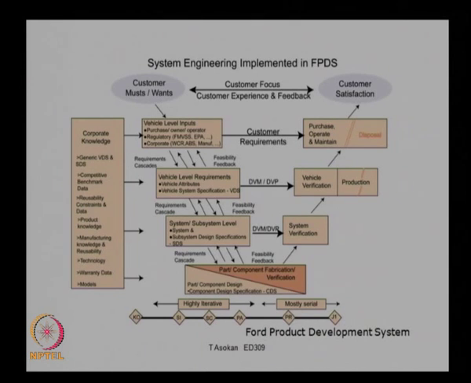It shows how, from the initial customer requirements, customer satisfaction is achieved through various processes, and how it passes through different stages of design, fabrication, testing, integration, and then validation, and then reaches the customer. So the development itself becomes a part of a major system, the product development system. We will discuss this in detail at a later stage.